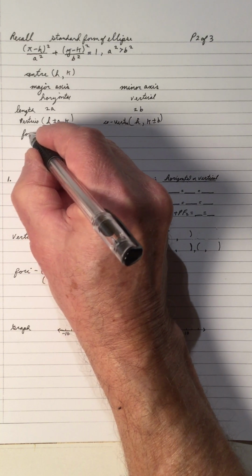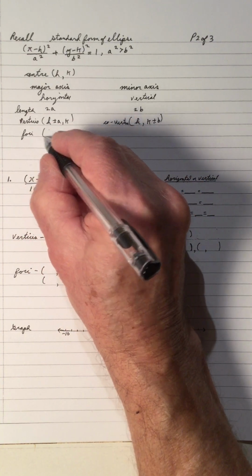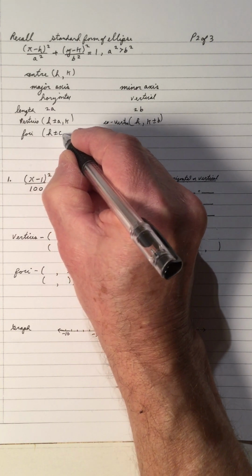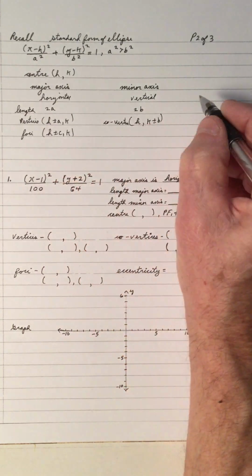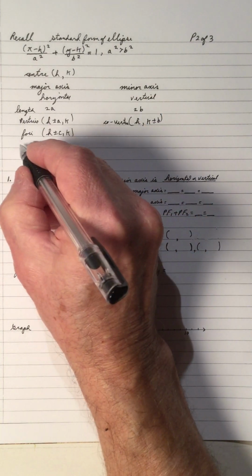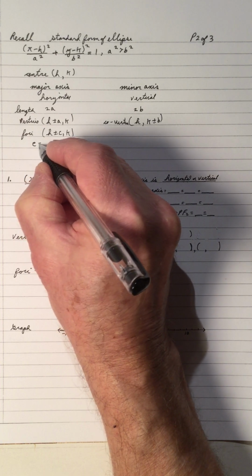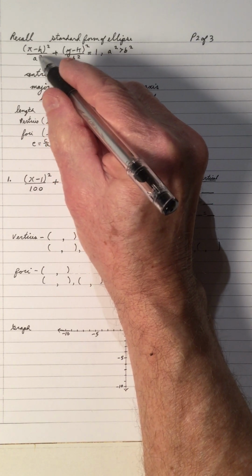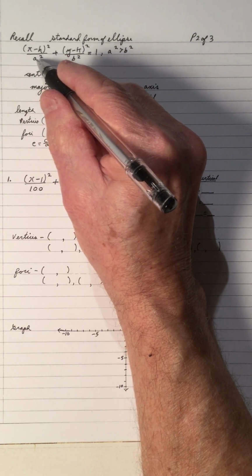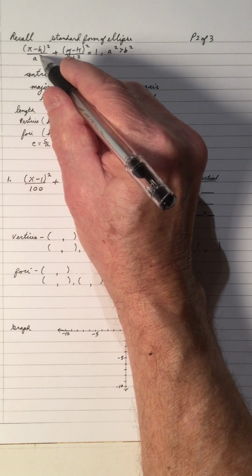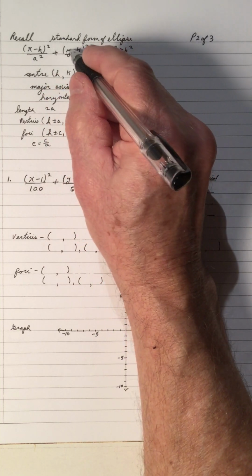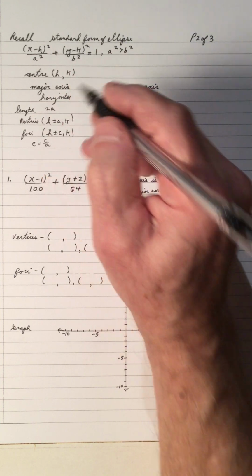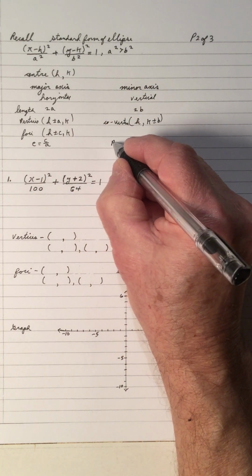And the foci are on the major axis. The foci distance is c, so it's h plus or minus c, comma, k. And we have the eccentricity: e is equal to c over a, the distance from the center. When we do the next part of this video, the vertical will be the major, so it would be c over b.